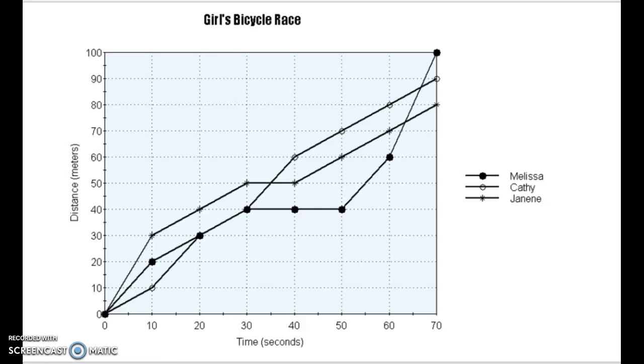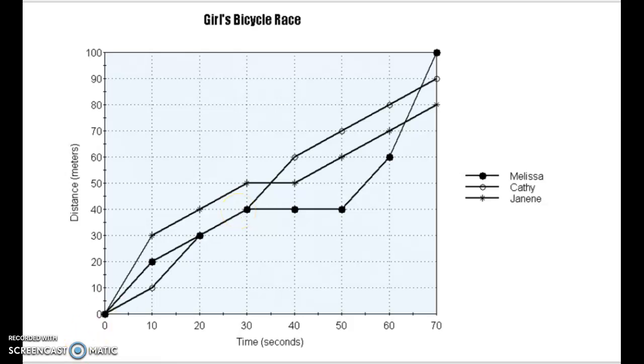Please note, to find the speed for Kathy at 30 seconds, you're going to have to realize that the open circle line that is Kathy overlaps the line with Melissa. So this would be the same dot for Kathy at 30 seconds as it would be for Melissa.